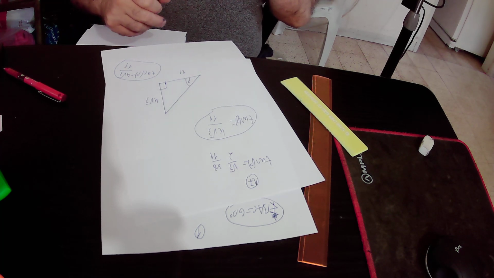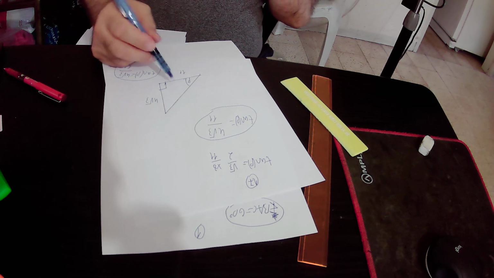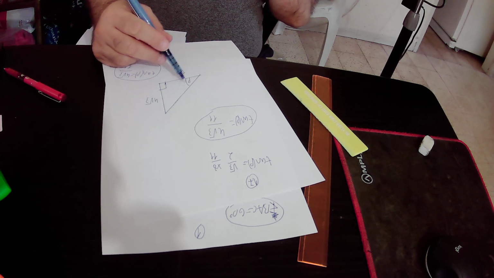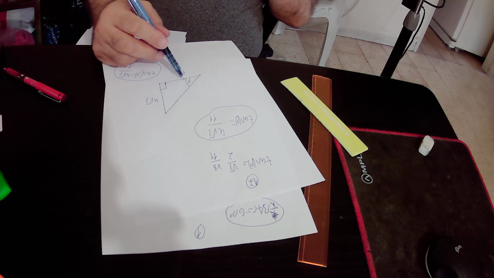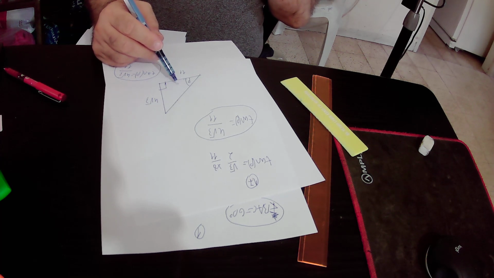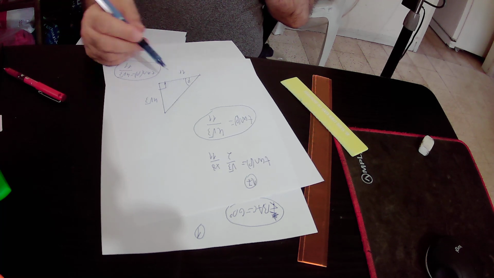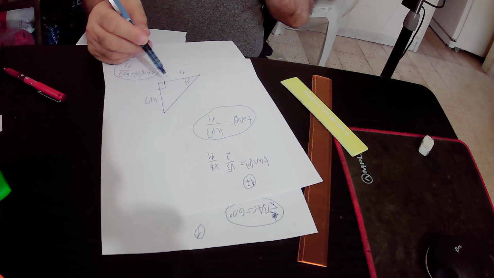So here we will calculate the size of the hypotenuse in order to get the value of sine P. So the hypotenuse in a right triangle, according to the Pythagorean theorem, the square of the hypotenuse equals the sum of the squares of the perpendiculars.